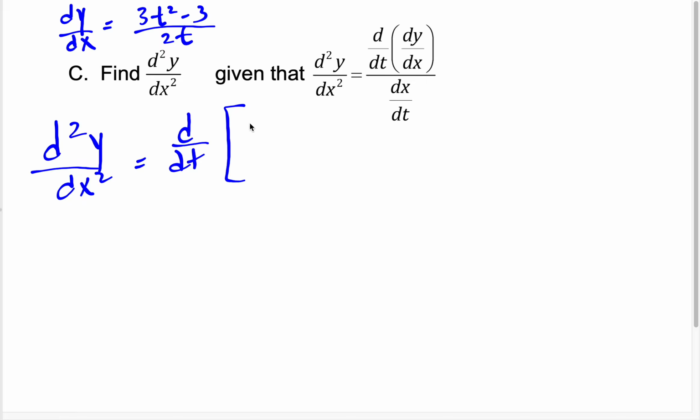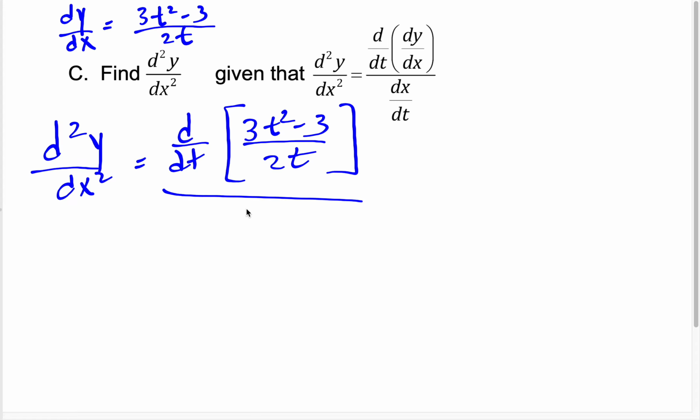So we are going to take a derivative of that dy/dx divided by dx/dt. And dx/dt, if we recall, was 2t. So we have to use the quotient rule.